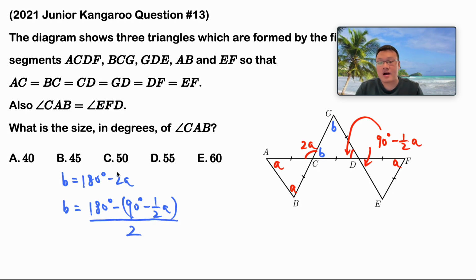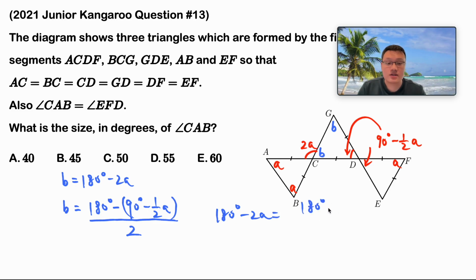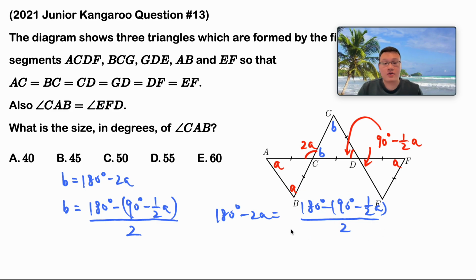So what does that mean? That means these 2 equal each other. 180 minus 2A equals 180 take away, bracket, 90 take away half A, divided by 2. So guys, you can solve that equation. Times both sides by 2. 360 minus 4A, right?